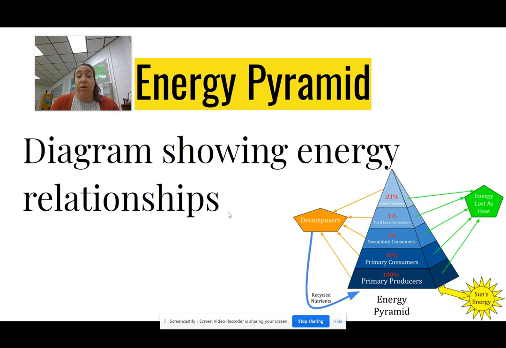Producers are at the bottom, and they get their energy from the sun. But producers give their energy to the primary consumers, and the primary consumers give it to the secondary consumers, just as you think of a food chain. So you have the sun, it starts with the grass, which gives its energy to the first animal, and then the animal that eats that animal, and it just kind of continues. As we keep going through this unit, we'll talk about how that energy transfers.